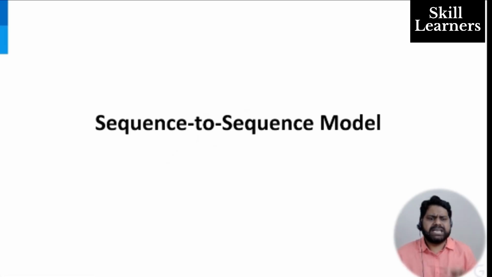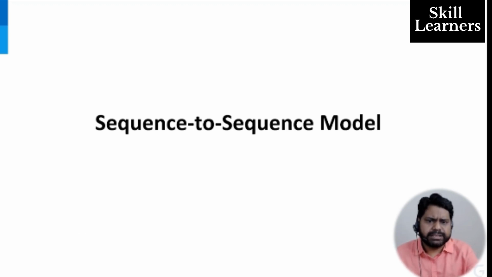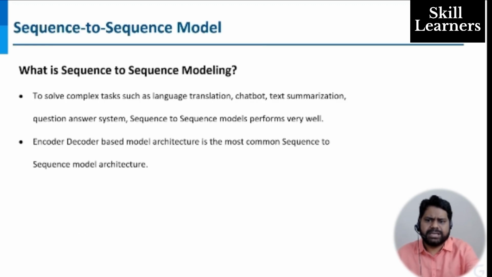Okay. So what is a sequence to sequence model? Till now, we have covered the basics of natural language processing, which we use in deep learning. Now let's try and understand what a sequence to sequence model is. In order to solve complex tasks like language translation, creating a chatbot, text summarization, and question answer systems, sequence to sequence models work very well.